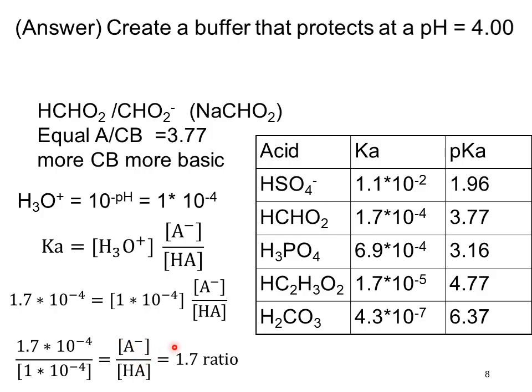So the easiest way to do that would be 1.7 molar A minus, 1 molar HA. That mixture would give me the exact H3O+ concentration I want and give me a pH of exactly 4. So that's great. So we can figure that out if we want. That's usually a little farther than I go on the test, especially a test that's online. But, it's a nice way of figuring out exactly what you need.